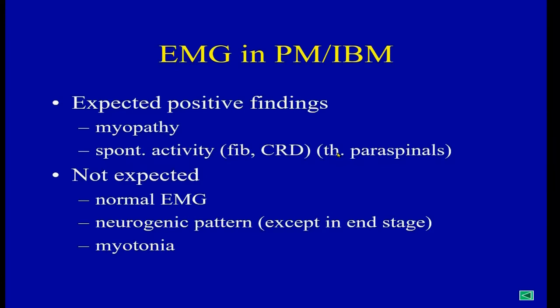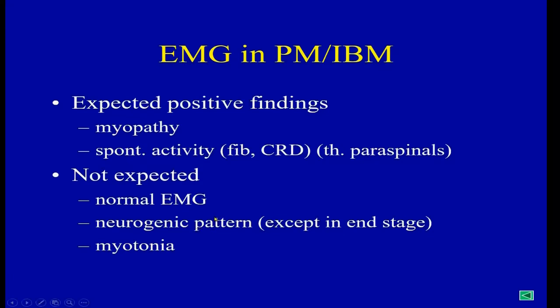We certainly do not expect normal EMG in these muscles if the patient has an IBM. It is so sensitive that we nearly always see abnormality. We do not expect neurogenic pattern other than in the end stage.